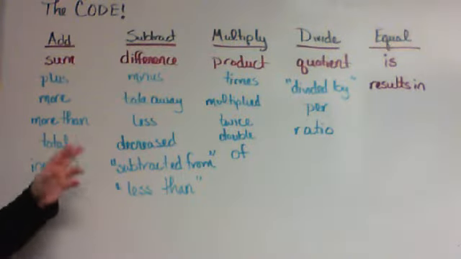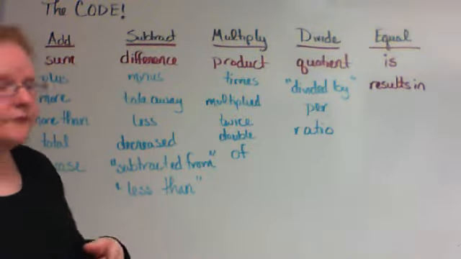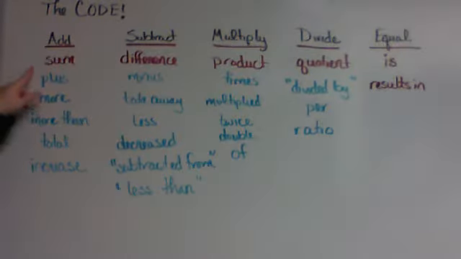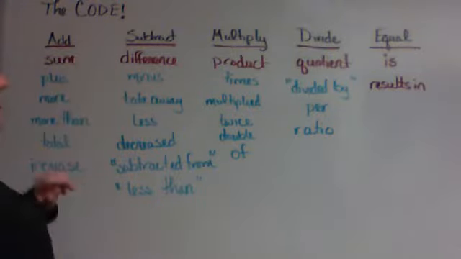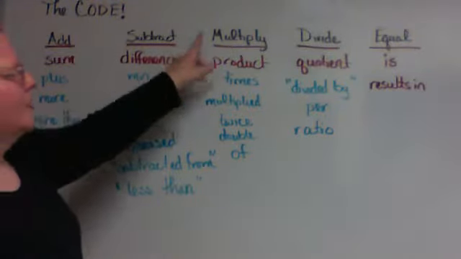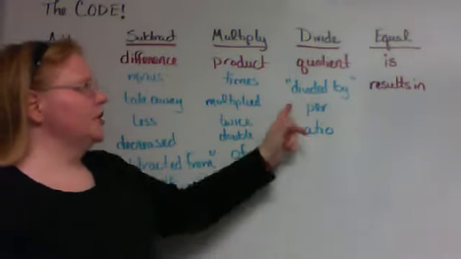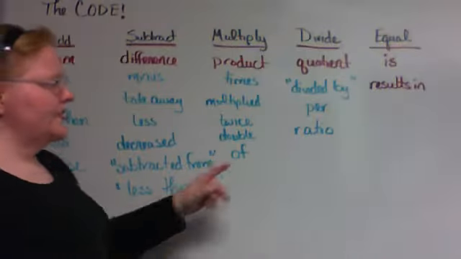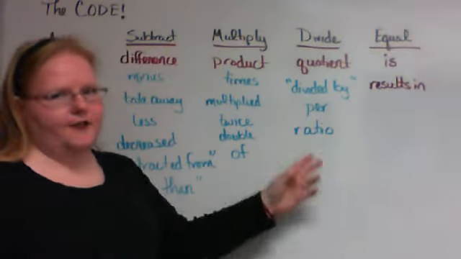All these other words, and you might come up with more, mean whatever they're underneath. If you see the word plus, that means we're talking about addition. If you see the word minus, that means we're talking about subtraction. You see the word times, we're talking about multiplication. If you see the word ratio, that means we're talking about a division problem. Same thing with a fraction, because a ratio is a fraction.